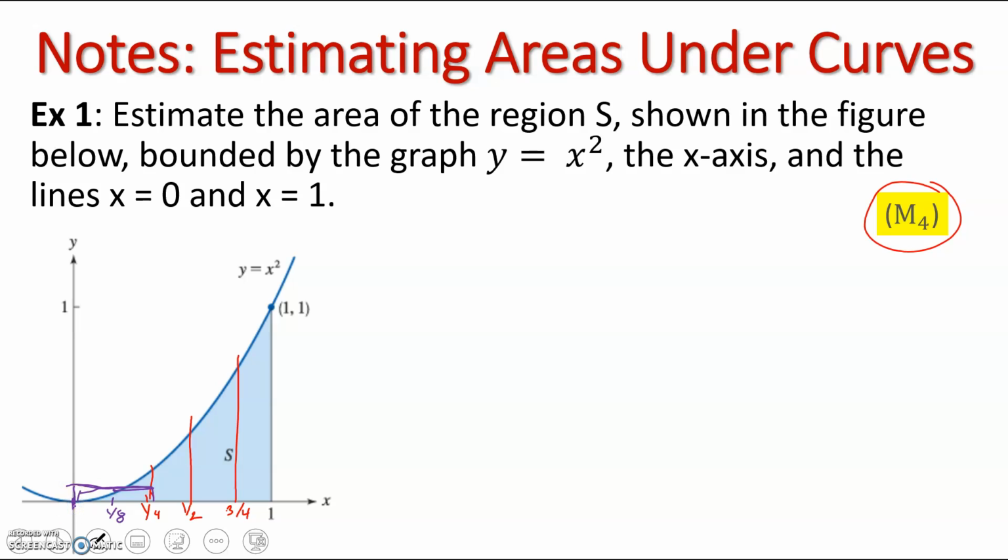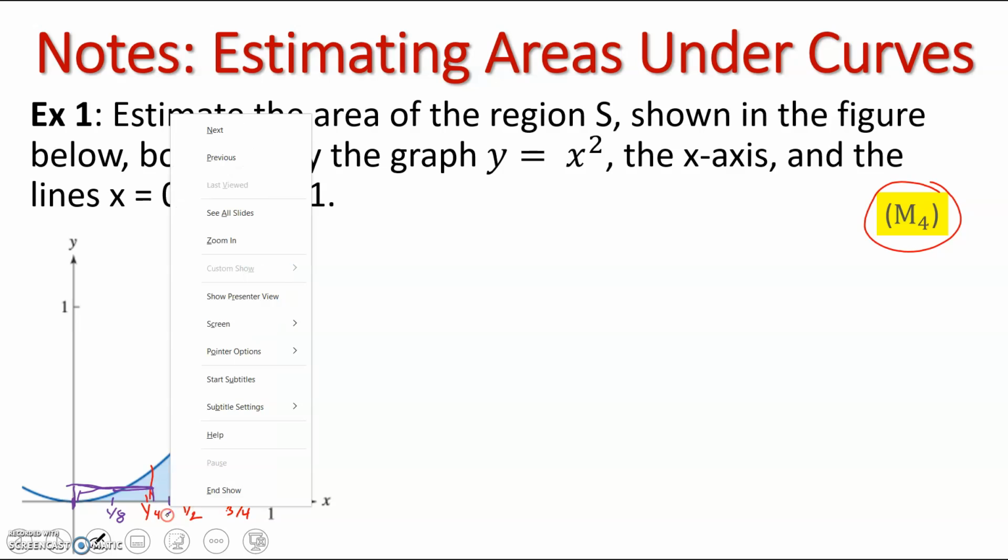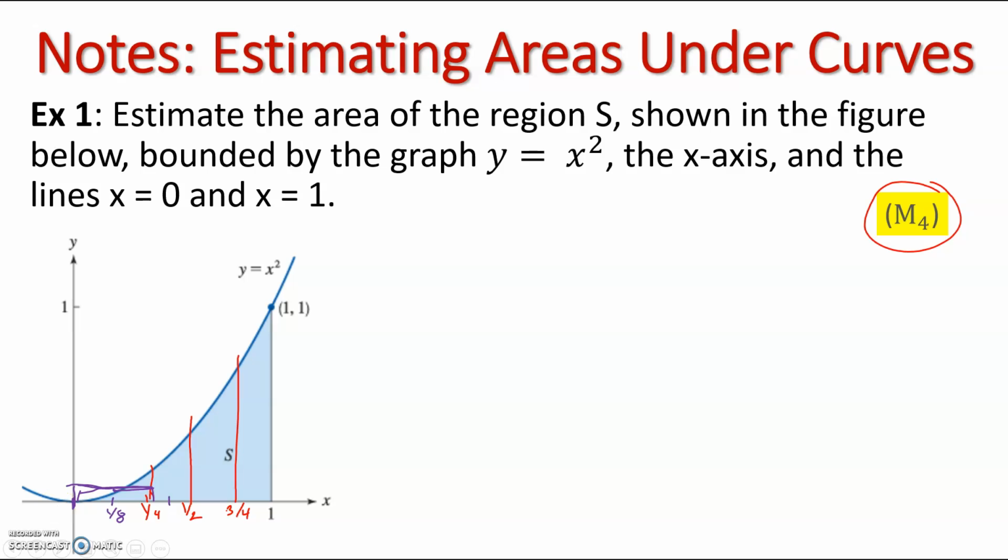And then we're going to do the same between 1/4 and 1/2. So we are at 3/8. It does not like me writing this small, so let's try that one more time. We are at 3/8. And then here we are going to make our rectangle.